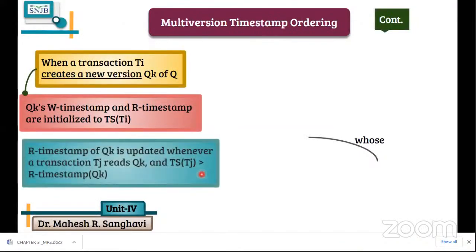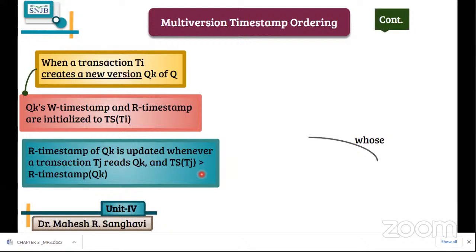Now you can observe here, when transaction Ti creates a new version Qk of Q, Qk's W timestamp and R timestamp are initialized to TS of Ti. Naturally वो उसको असाइन किया जाएगा. R timestamp of Qk is updated whenever a transaction Tj reads Qk, and TS of Tj is greater than the R timestamp of Qk.